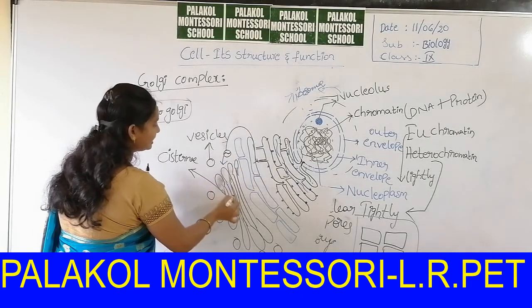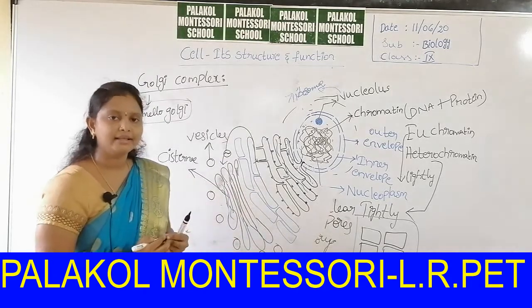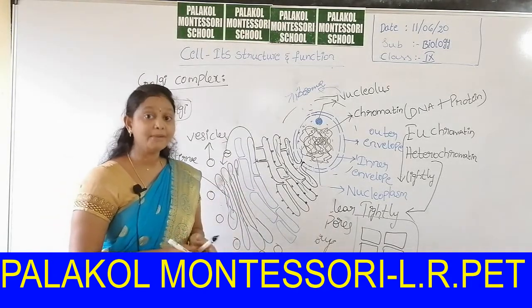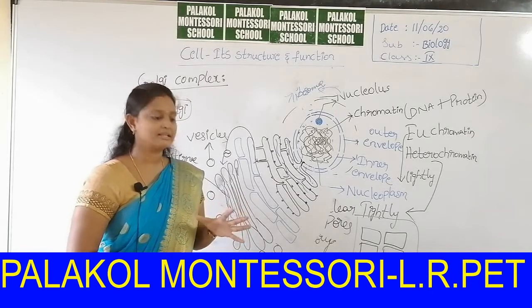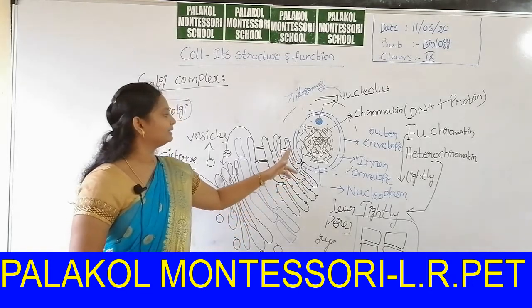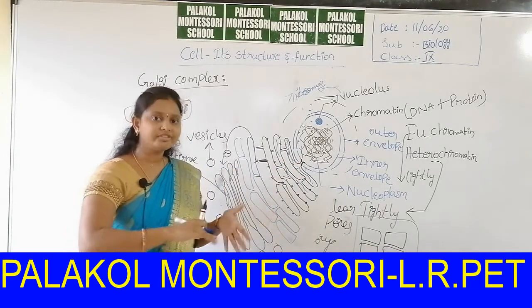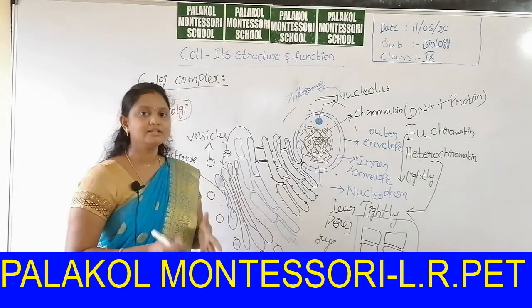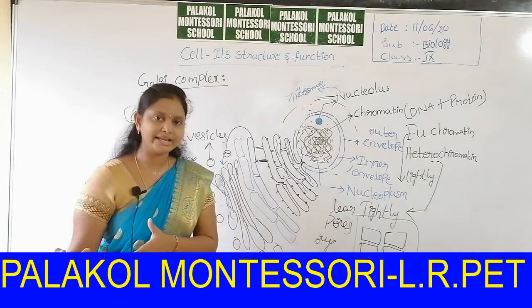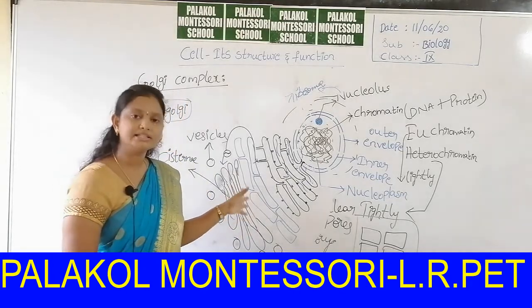Inside the cisternae, the protein is modified and packaged into a new one. That means a protein synthesized here is not complete at all. After modification only, a complete protein will be synthesized. So complete protein synthesis will end at the region of the Golgi complex.